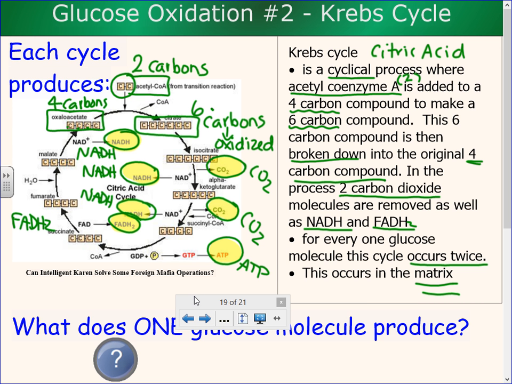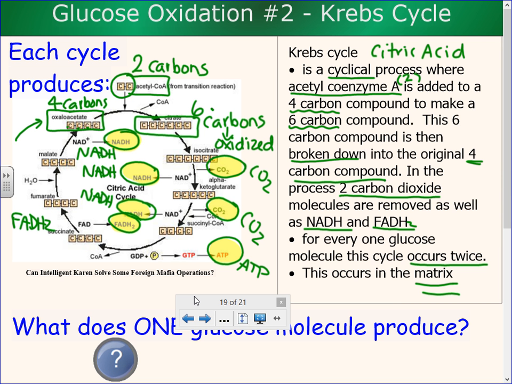So when we think about this cycle, I don't want you to think about, okay, first I get a CO2, then I get an NADH, then I get another CO2, then another NADH. The order is not what's crucial here. What's crucial is that you recognize that I took this 6-carbon compound, I oxidized it, and in doing so, I came all the way back around and had my 4-carbon compound back. While I oxidize it, I get a whole bunch of substances being produced.